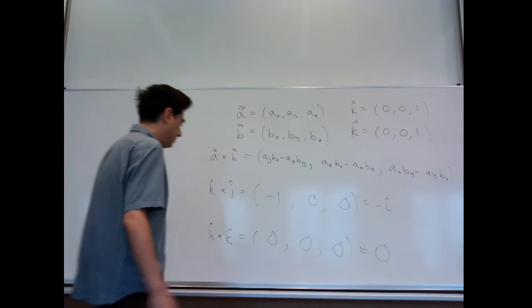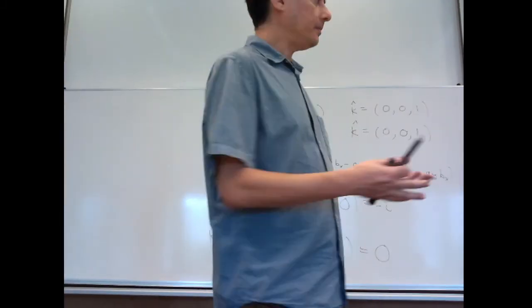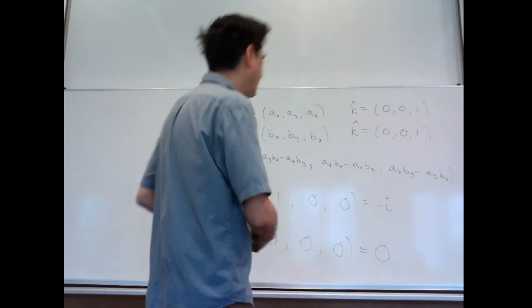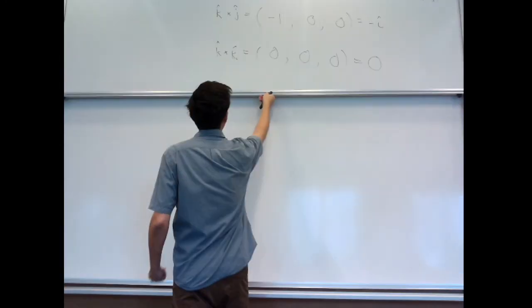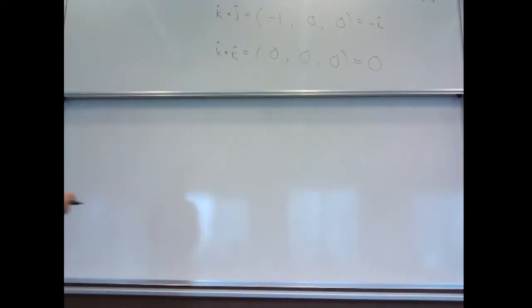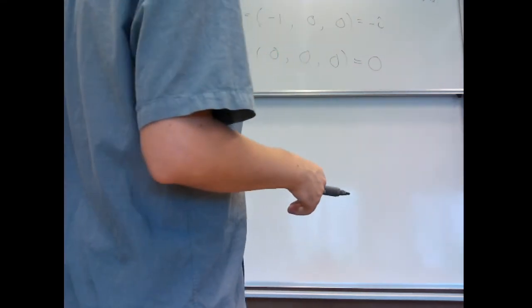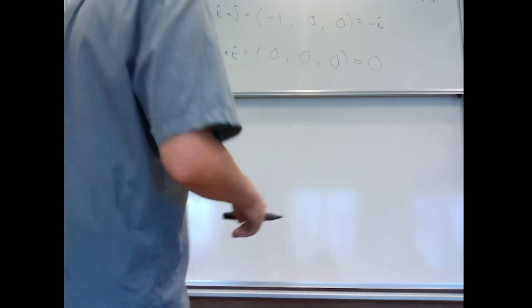And so we've worked out what the rules are for these special cases. Now how do I do the general case? So maybe what I should do is to prove to you that I can recover this formula without remembering it, right?